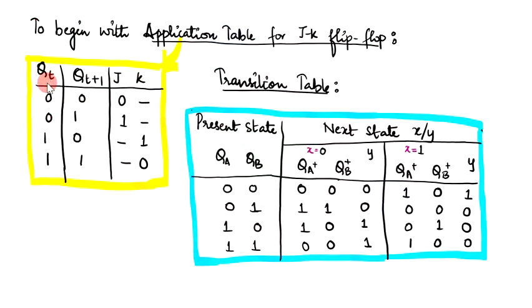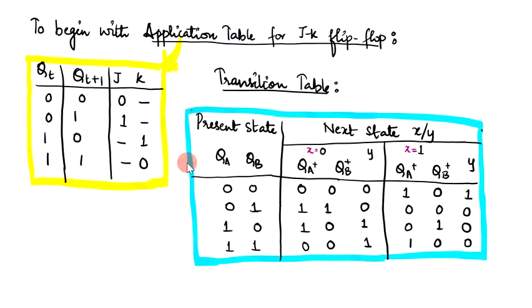Here we have represented the present state as Qt and the next state as Qt+1. For the various combinations of the present state and the next state, the application table for JK is of this form, and how this application table is generated you should be aware of. So kindly refer to that tutorial and you will be able to understand better.